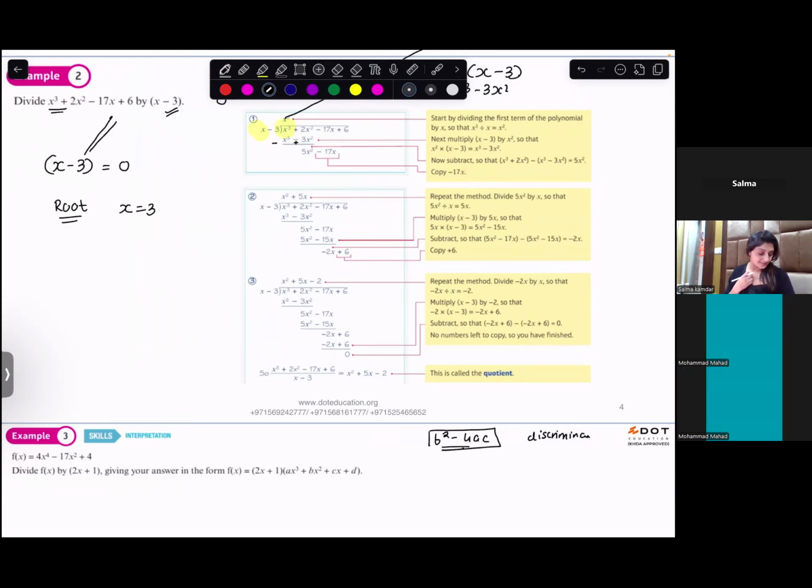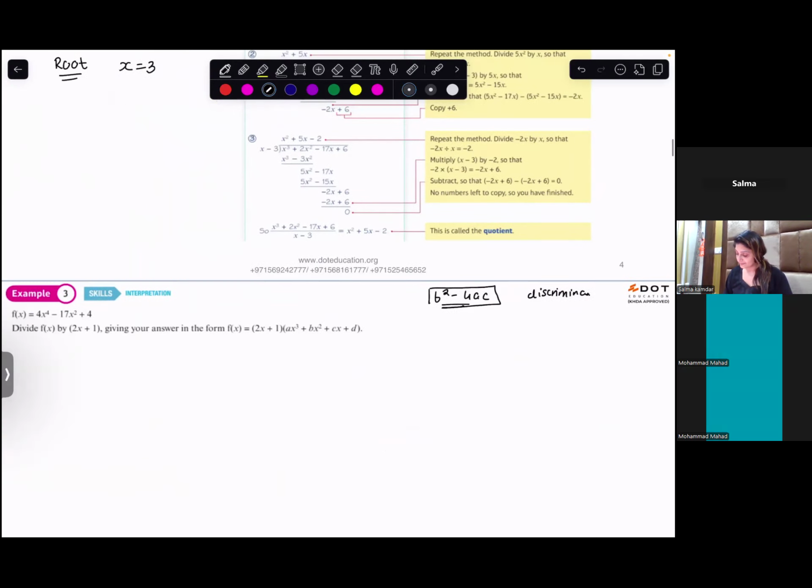What does it tell us? If the discriminant, which is b square minus 4ac, is greater than 0, it means it has two roots. If the discriminant is equal to 0, it means it has only one root. And if it's less than 0, it means it has no roots.